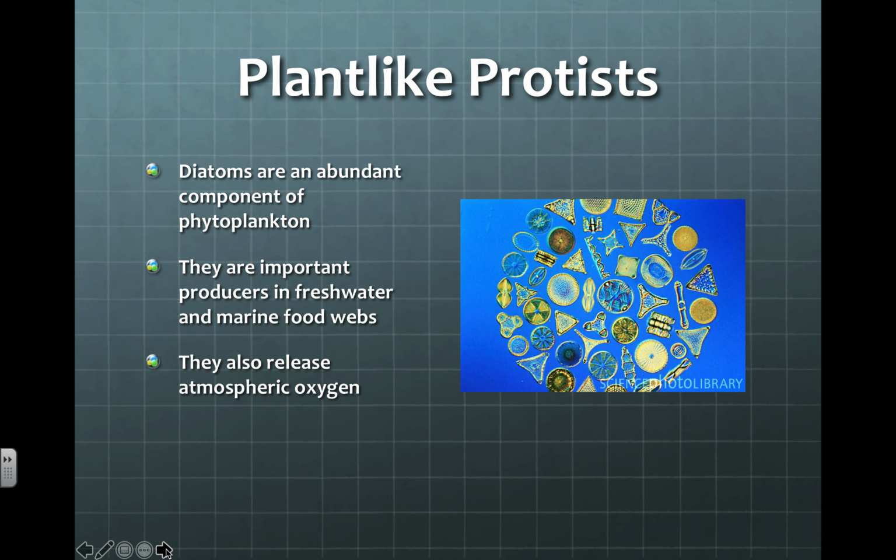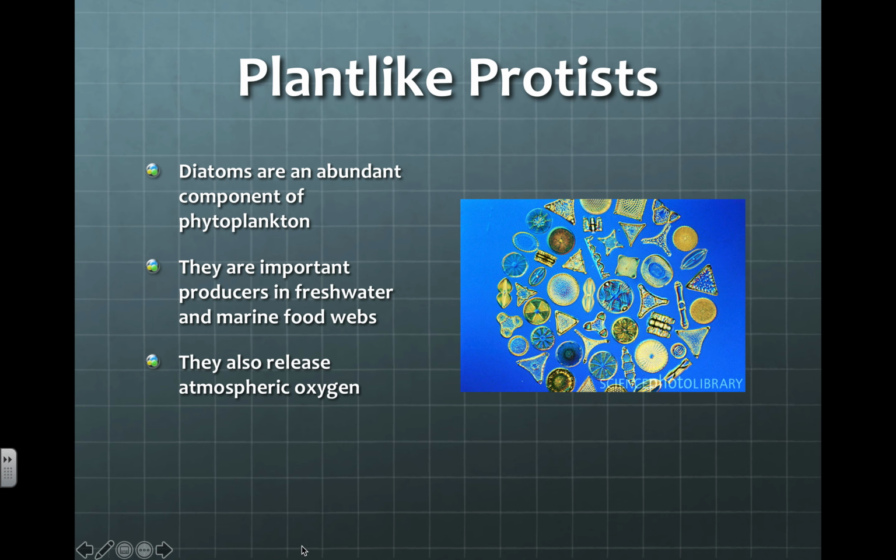So they're very, very important. They're also releasing atmospheric oxygen. I think the percentage is greater than 60% of the oxygen in our atmosphere is actually being released by phytoplankton. So these have a huge importance.